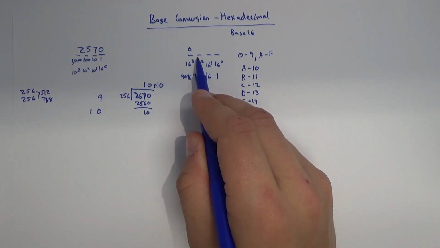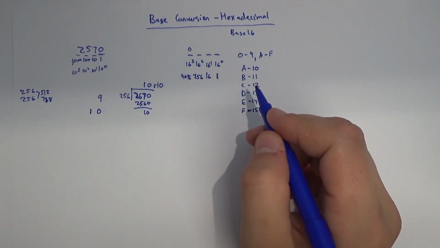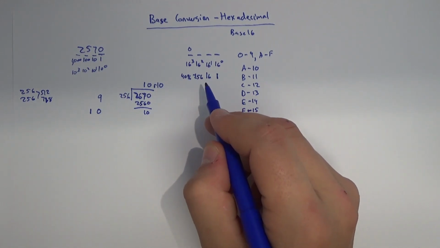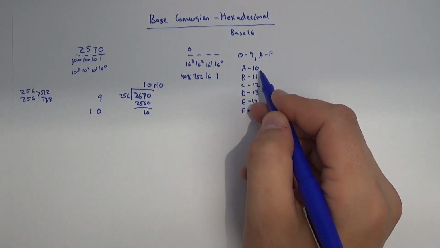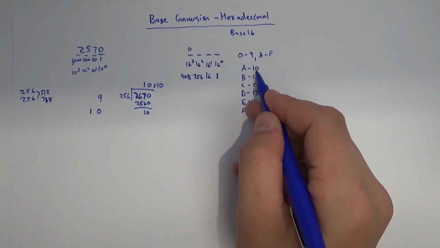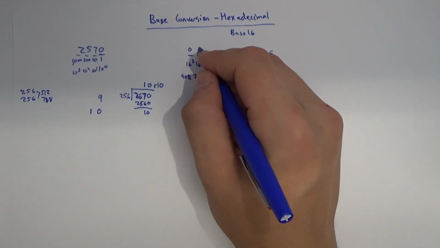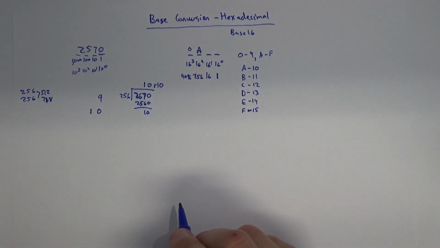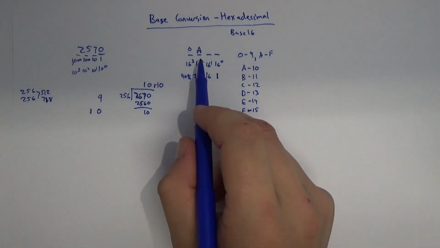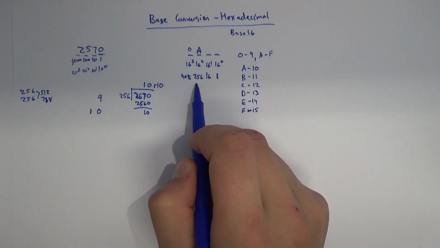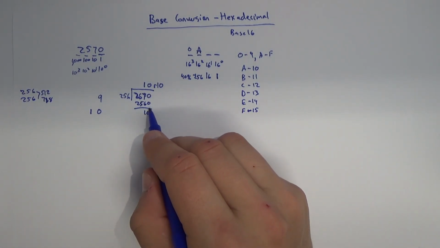Now realize once again that I don't have 10 as 10. I have to use a single digit. So I'm going to come over here to my letters and notice I can represent 10 with the letter A inside of my 256s. So this is 10 times 256, which is 2,560.